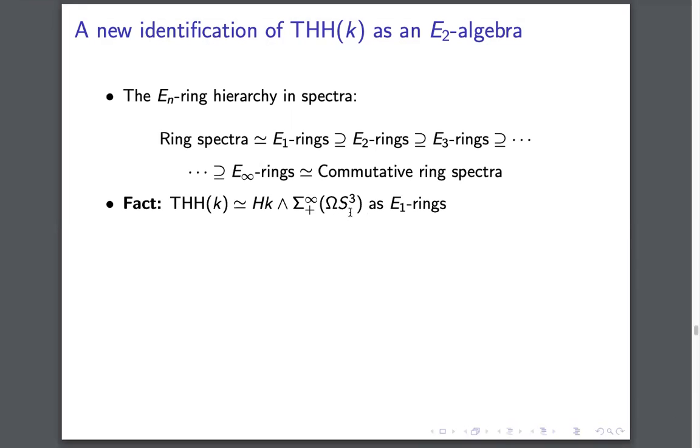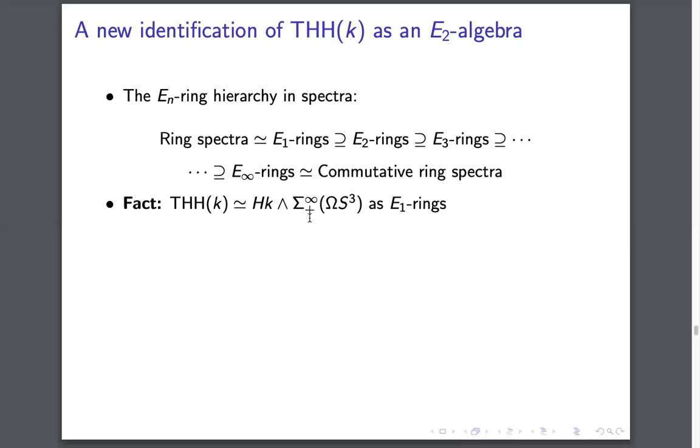On the right-hand side, what you have is the loops on the 3-sphere. This is just a space, you can apply the infinite suspension functor and you obtain a spectrum. Now, because there is the loops functor in here, it's a loop space. You can compose loops, right? That gives you a product in here, which turns this whole thing into an E1 ring.